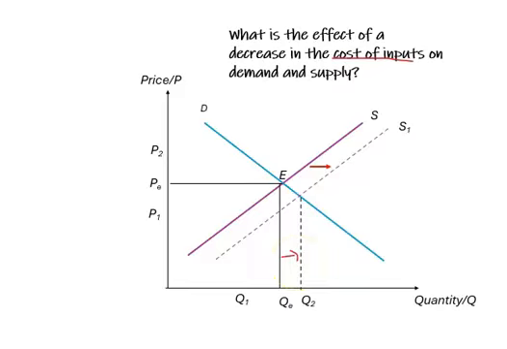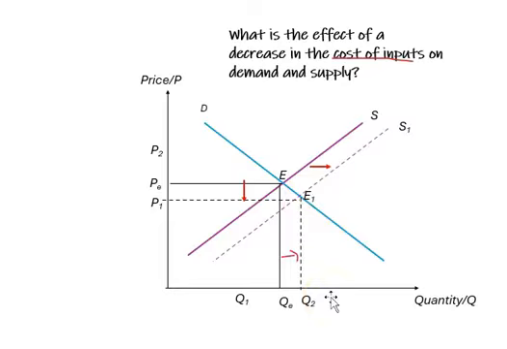And as quantity increases, prices decrease to P1, to price P1. And the new equilibrium is at E1. Because as price decreases, demand increases. So our new equilibrium is at E1.